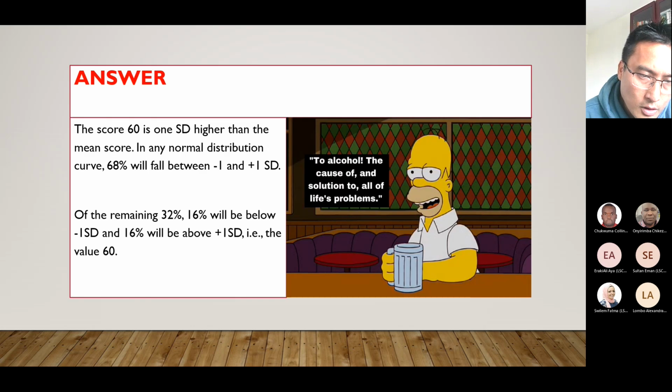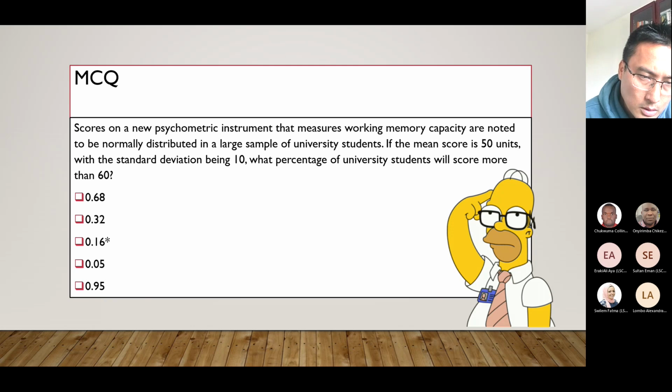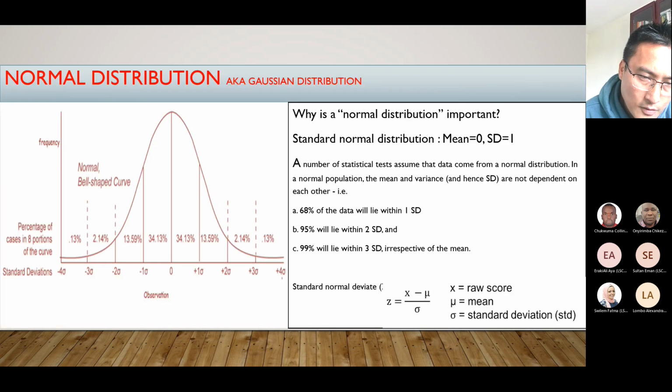Of the remaining 32, 16 will be below 1 standard and 16 will be above this one. So if you look at this diagram, 68 covers this one. So the remaining is 32. Out of 32, 16 will be here, 16 will be here.